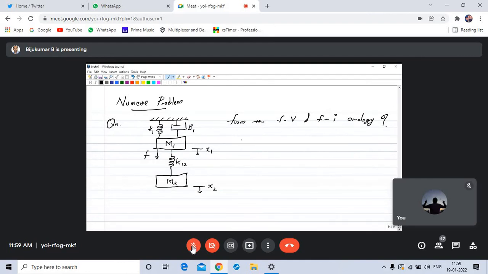like I think you have studied node analysis, mesh analysis in electrical circuit, right? So node analysis you are doing with the help of Kirchhoff current law, and mesh analysis you are doing with the help of Kirchhoff voltage law, right?